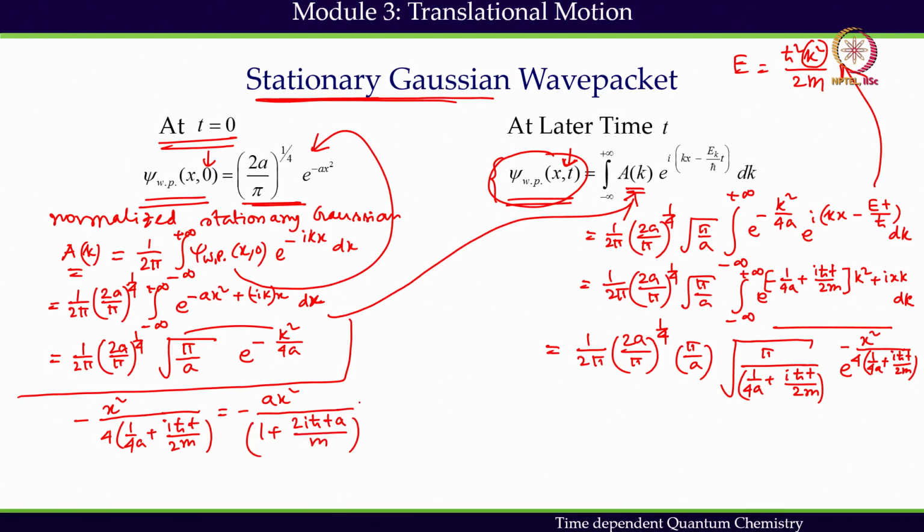We can write it down this way. So, if we can write this down, I will be able to write down this psi wave packet x t.